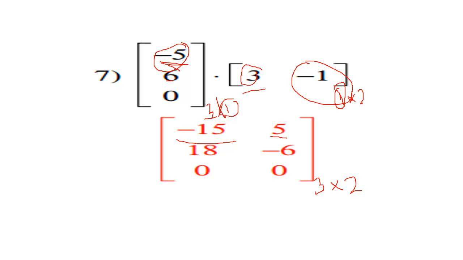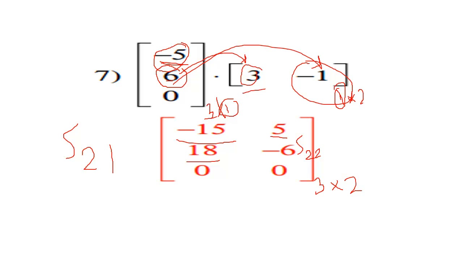The second row times the first column, 6 times 3, is 18, so that is S21. 6 times negative 1, the second row times the second column, is negative 6, so that is S22.